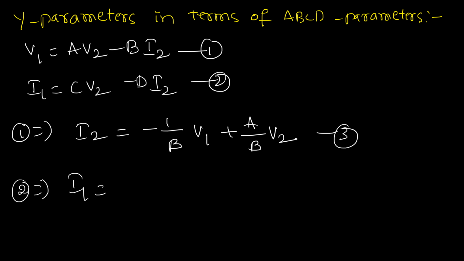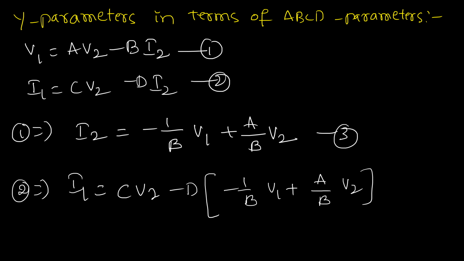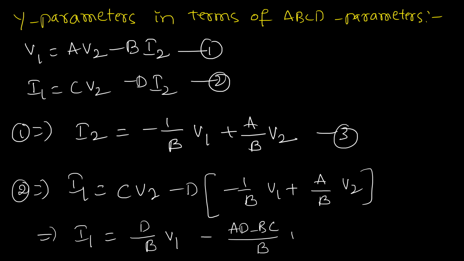So that's why you substitute the third equation in equation 2. There you get CV2 minus D into, instead of I2, you may write minus 1 by B into V1 plus A by B into V2. Simplify this equation and we'll get the expression in terms of V1, V2. I'll write directly: I1 equal to D by B V1 minus AD minus BC by B into V2.